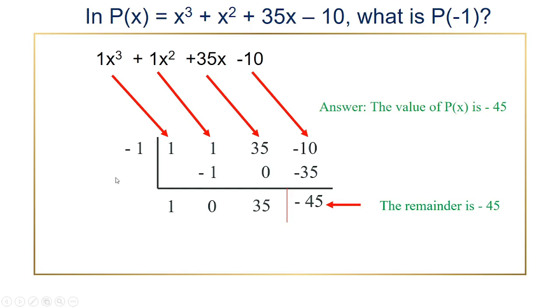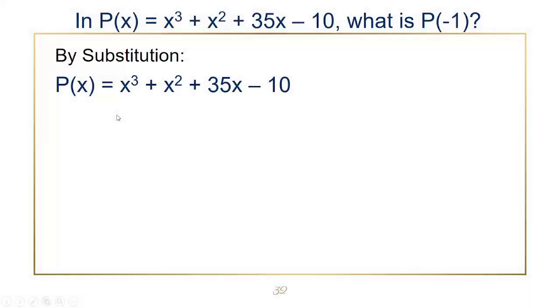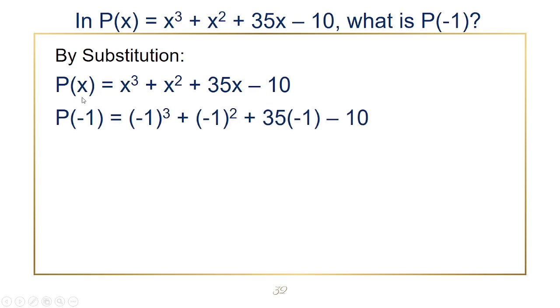Now, to check whether the answer is correct, let us use the substitution method. In the substitution method, you will just substitute all x by negative 1. So it becomes P of negative 1 is equal to negative 1 cubed plus negative 1 squared plus 35 times negative 1 minus 10.